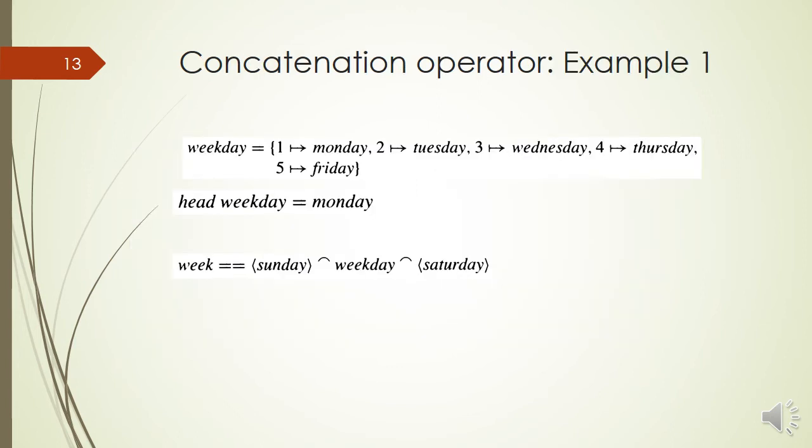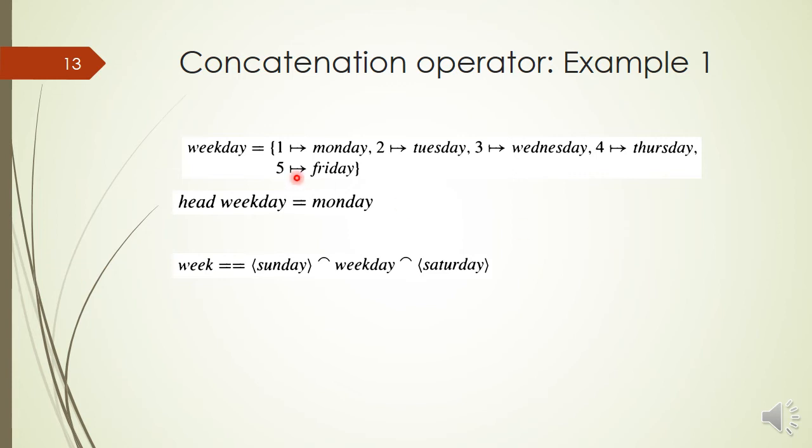There is another special kind of operator for sequences, which is known as the concatenation operator. The concatenation operator is used to concatenate sequences. You can concatenate or join multiple sequences with each other, and you can get a single sequence by joining multiple sequences.